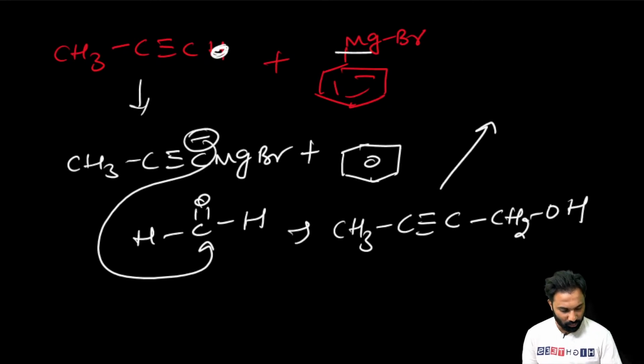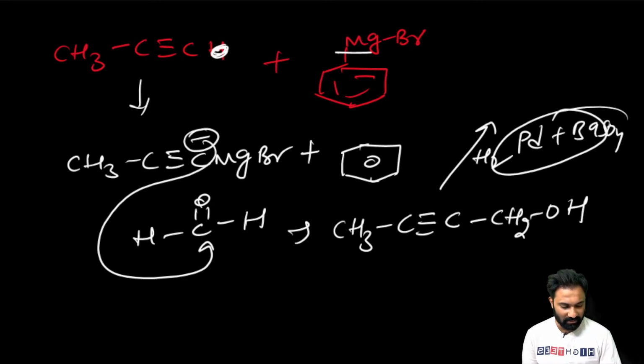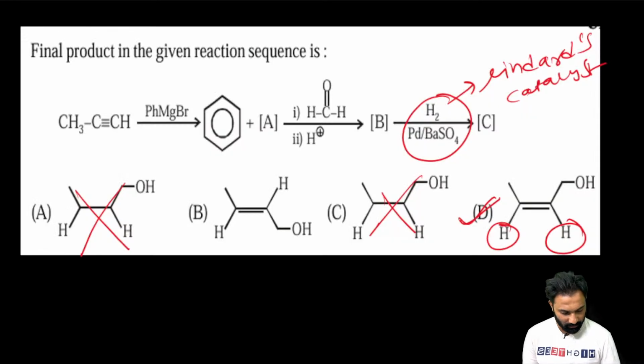Now the CH2OH upon H2, palladium BaSO4, this one is a Lindlar's catalyst. Readily it will be converted into cis, with the hydrogens on the same side, and here it will become the OH. So option D is correct.